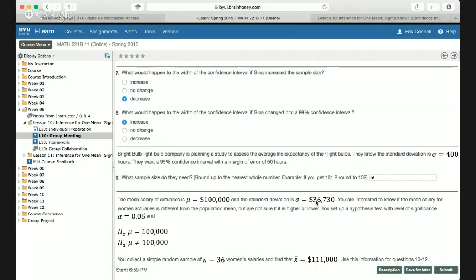Oh no, divided by just the margin, right? Yeah, so we do 1.96. Yeah, 15.68. Plus 50. Okay. So we would do that.